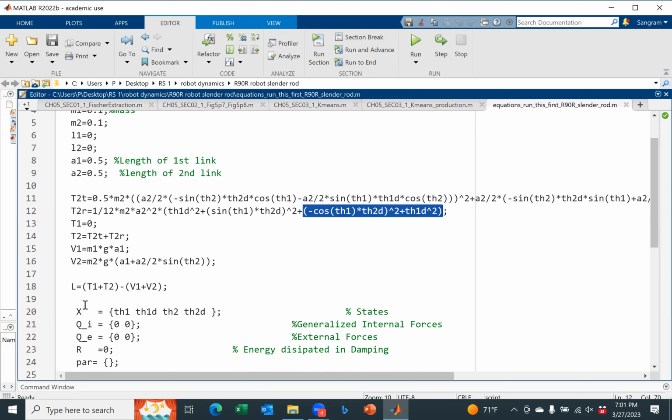And then you use the Lagrangian. And then let it run, let it run, let it run.